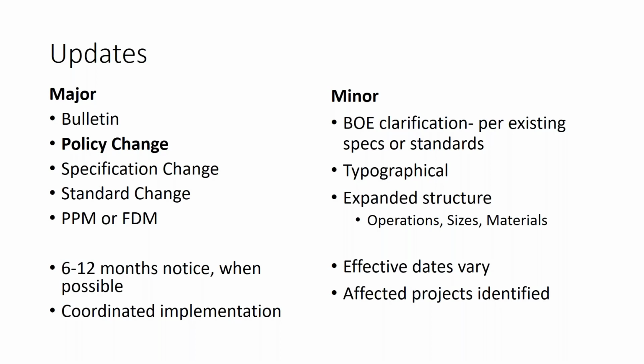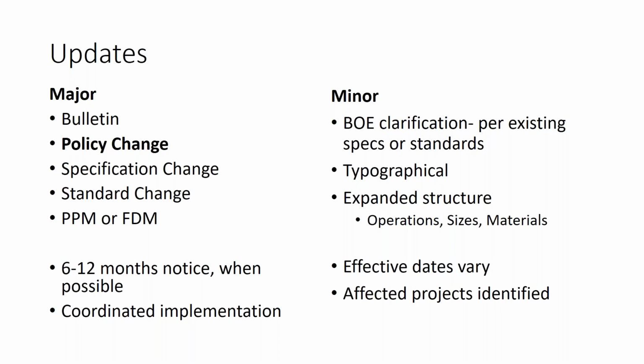Different from our major changes, we may have some minor changes. If there's a clarification needed in a BOE detail that does not affect the overall intent, if there's a typographical change, or an expanded pay item structure, where additional sizes, materials, or operations are requested and already covered by existing specifications or standards.